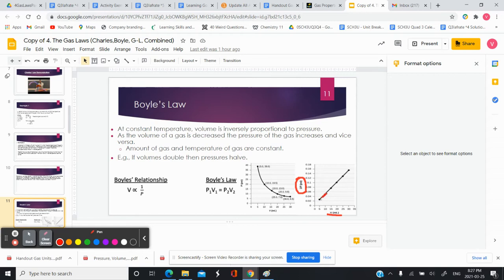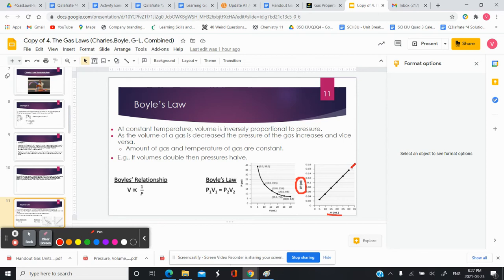As you increase the volume, 1 over pressure goes up. Which basically means that at a higher volume level, so let's say at a volume of 35, 1 over pressure is a higher value.